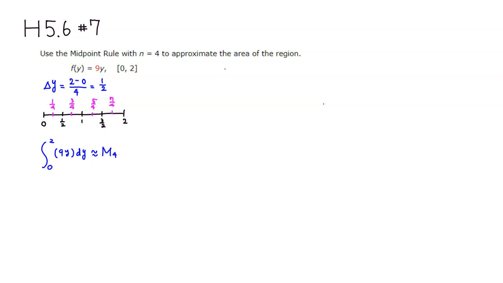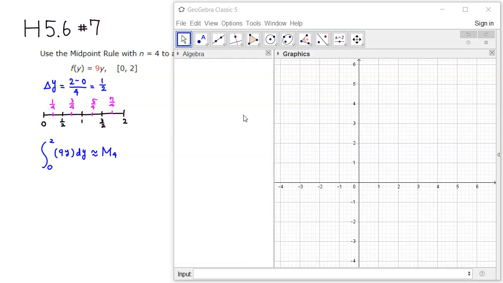Let's open up GeoGebra. We have a function f. GeoGebra understands x better, so I'm going to use x instead of y. I'm going to write 9x.